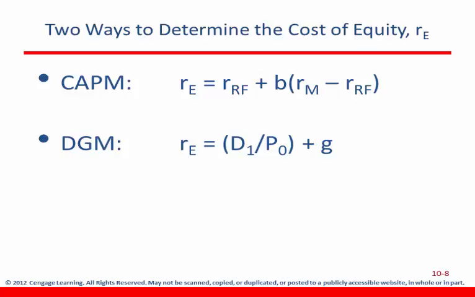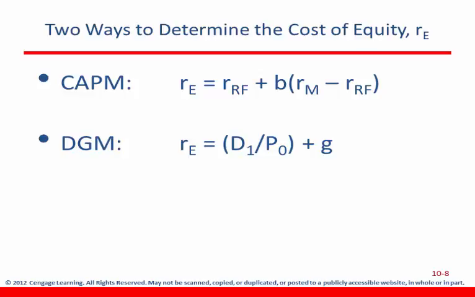You've seen both of these before on previous exams, so I don't think this is going to be too hard. If you remember, the CAPM is the expected return, or in this case the cost of equity, R subscript E, and that's equal to the risk-free rate plus beta times, in parentheses, the return on the market minus the risk-free rate, which is that risk premium we talk about sometimes.